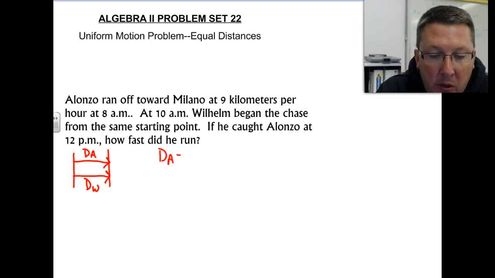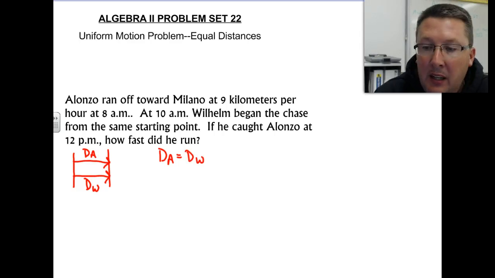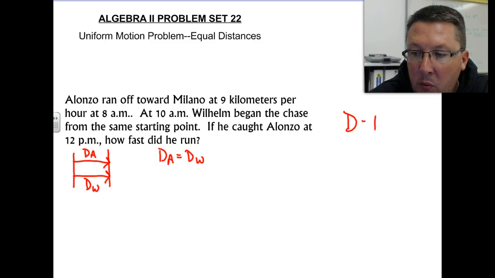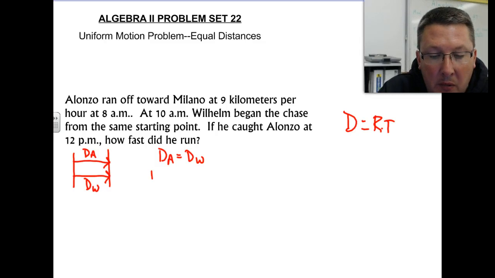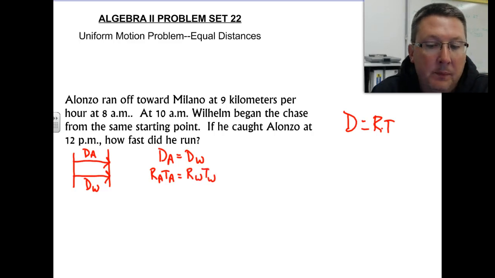So we start off with our equation. Distance Alonzo equals distance Wilhelm. Now again, distance is rate times time. So we turn these distances into rate times time. Rate Alonzo times time Alonzo equals rate Wilhelm times time Wilhelm.